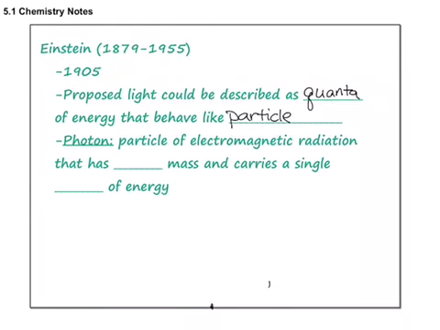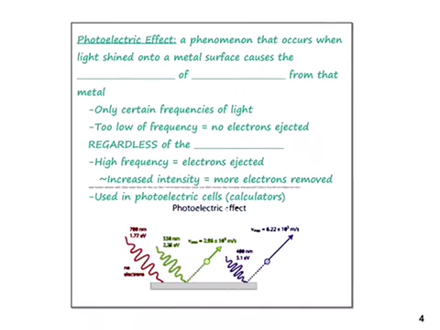And so he called these photons. These are particles of electromagnetic radiation. It has no mass, and it carries a single quanta of energy, a single amount of energy. And so this led him to the discovery of the photoelectric effect.